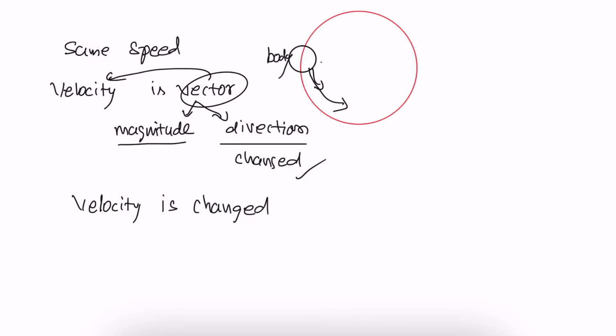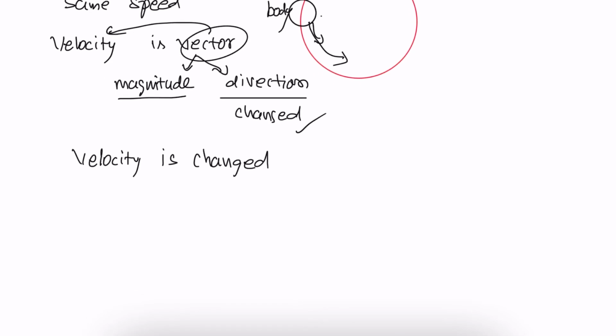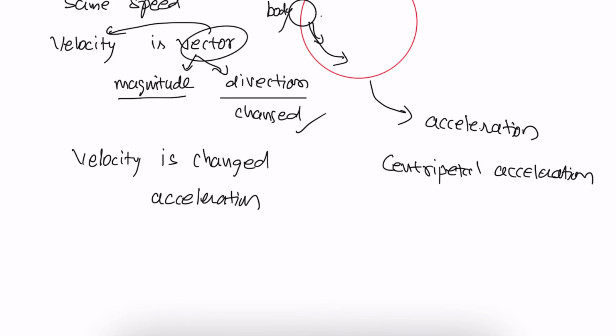So here velocity is changed. Change of velocity is the concept related to acceleration. So for a circular path there is acceleration, because here the direction is continuously changed. This type of acceleration is called centripetal acceleration.